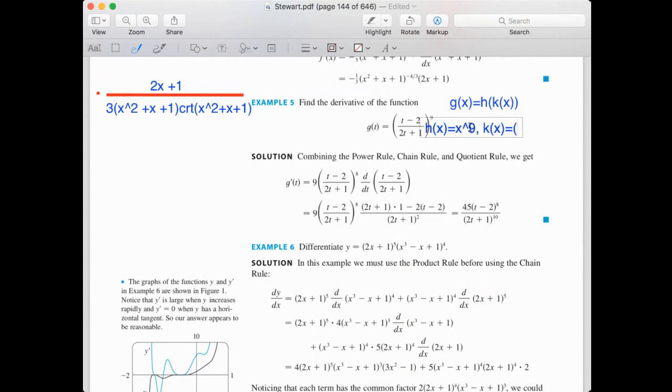K is t minus 2 divided by 2t plus 1. Okay. So the outside layer is raising the input to the 9th power. The inside layer is t minus 2 over 2t plus 1. K takes, think about the x as a t, all right? Let me just change it. So this all should be t.